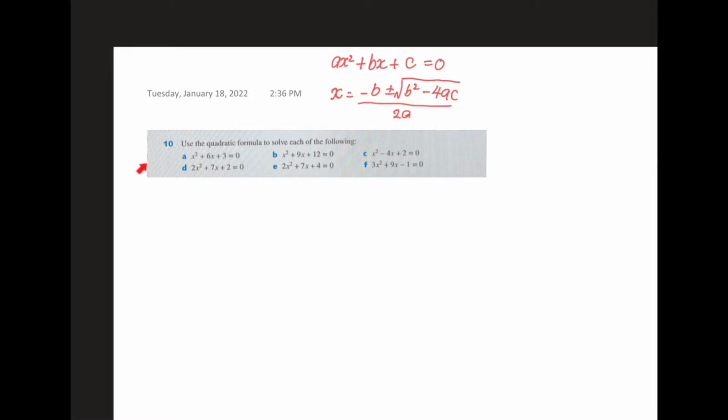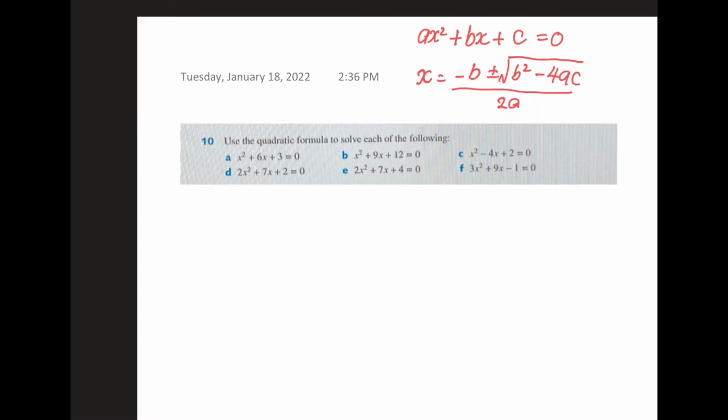So let's take a look at question 10a. We have x squared plus 6x plus 3 equal to 0. For this case, a is equal to 1, b is equal to 6, c is equal to 3.